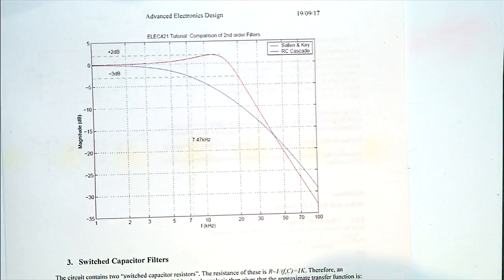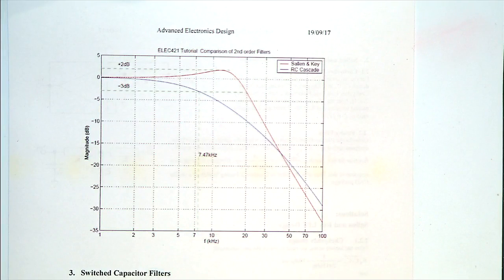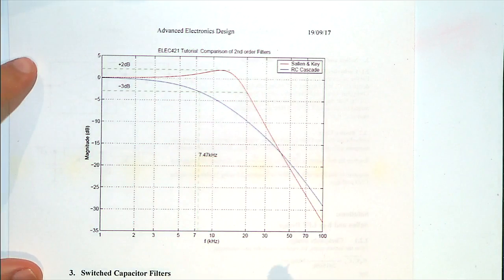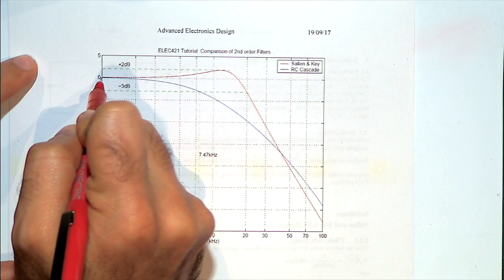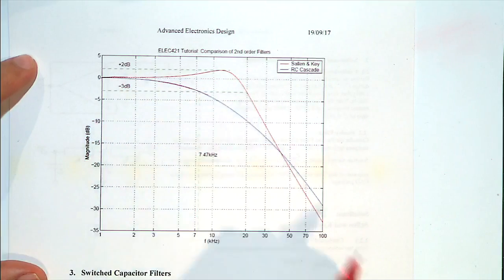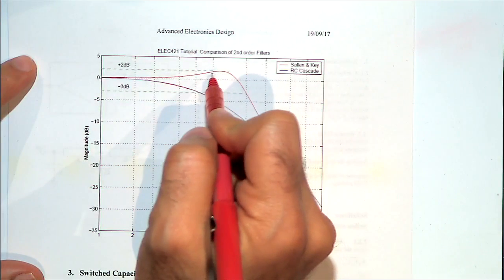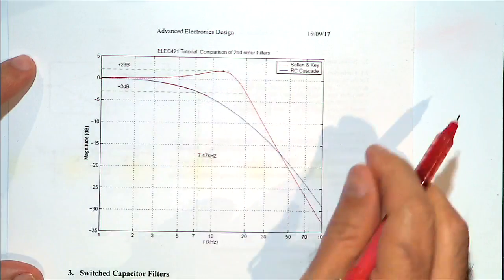Okay. So this is the graph to compare these two. This is the graph for just the two cascaded first order filters, and this is the graph for the Sallen-Key, I mean the red one.